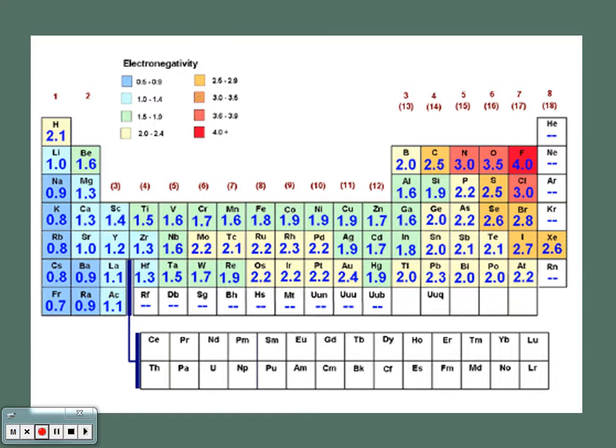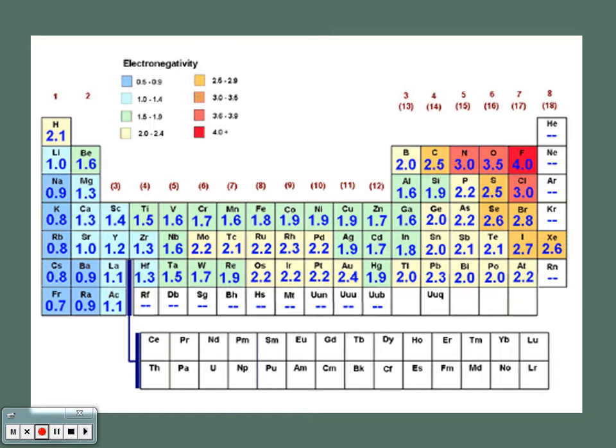If there is a big difference, like let's look at the value for fluorine, which is 4, and the value for sodium, which is 0.9, that's a difference of 3.1, right? That's a big difference in electronegativity. Fluorine very, very much wants to gain electrons. Sodium very, very much does not want to gain electrons, right?